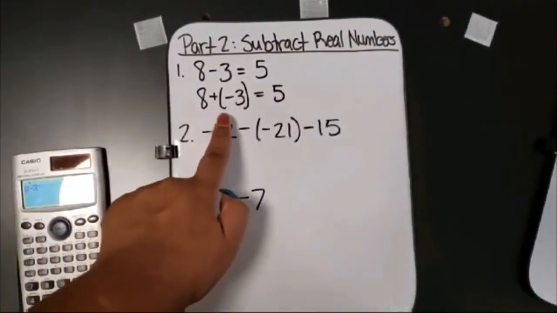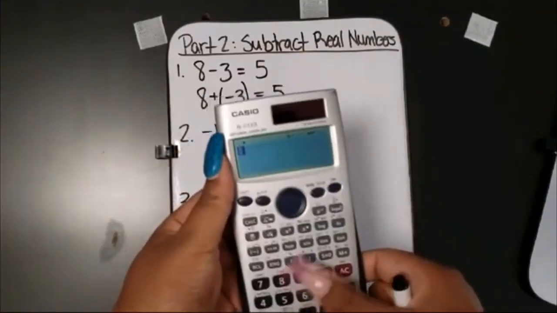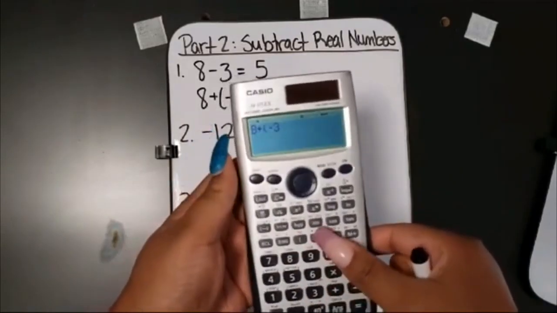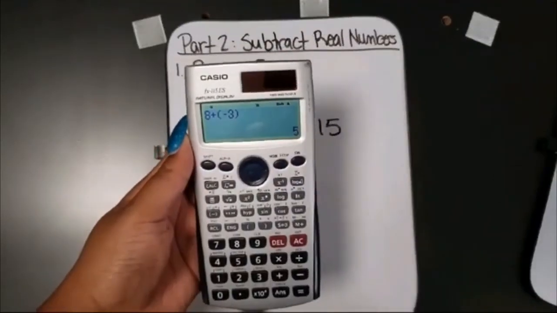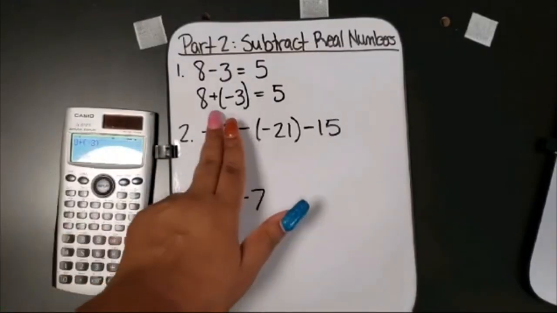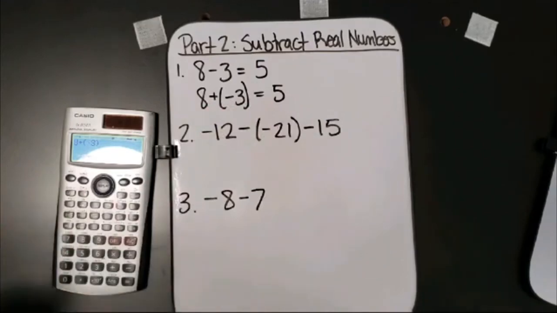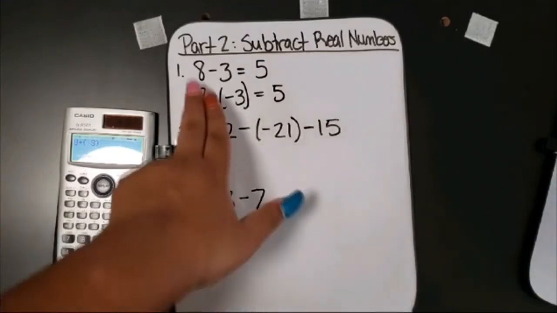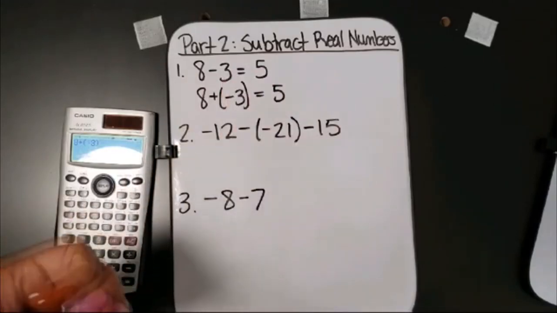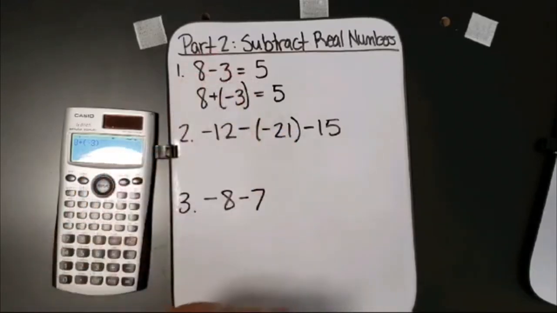So if we look at 8 plus negative 3, we will get the same answer, okay? So basically what this means is when we add a negative number, it's basically the same thing as subtraction, okay? And when you see subtraction, you can think about it as you're adding this negative number to the 8, okay?